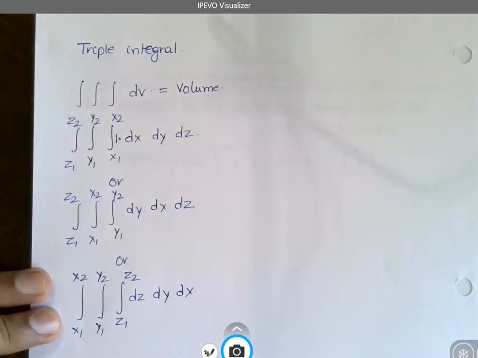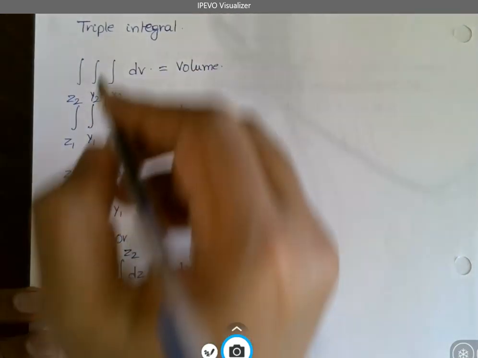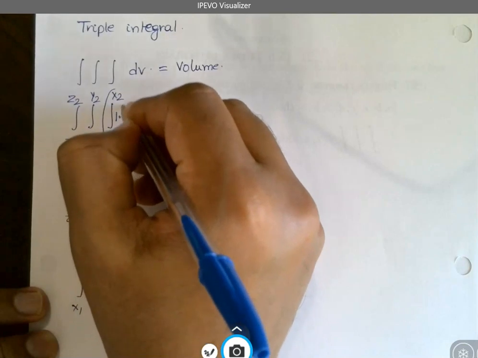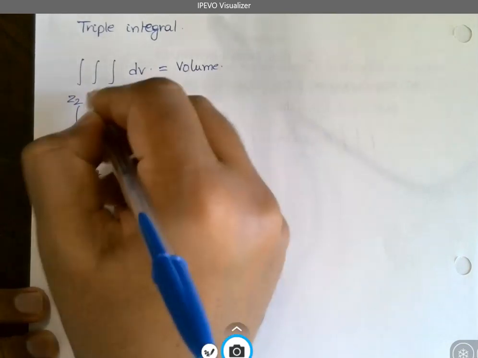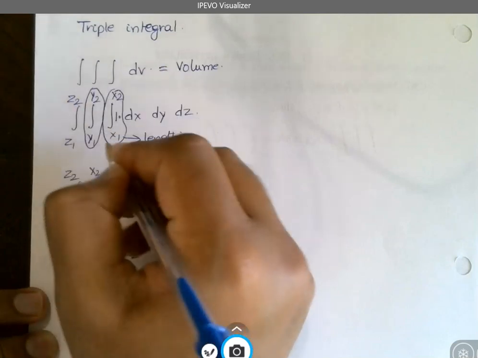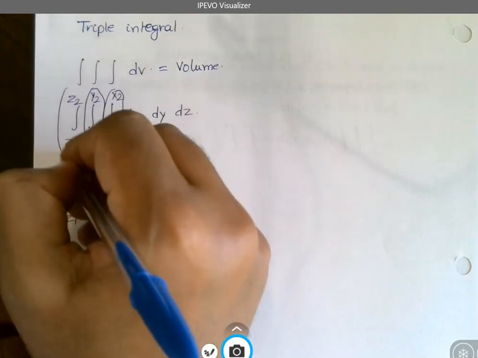Loosely speaking, this will give you the length, this will give you the width, and this will give you the height.